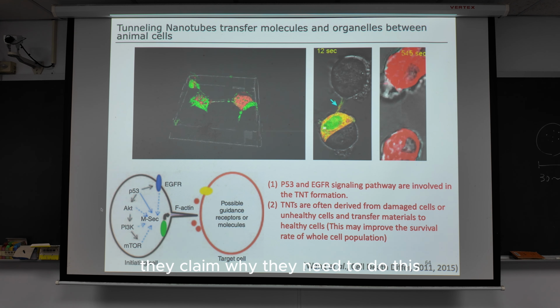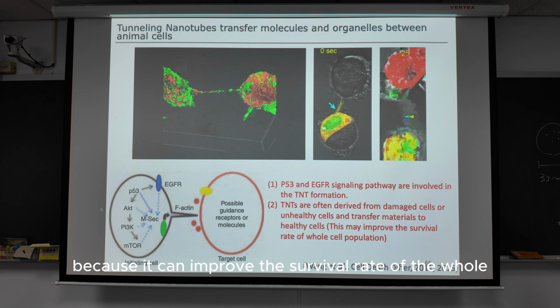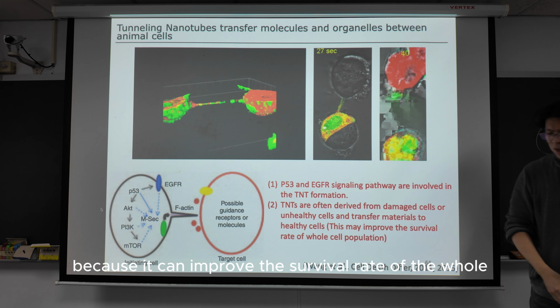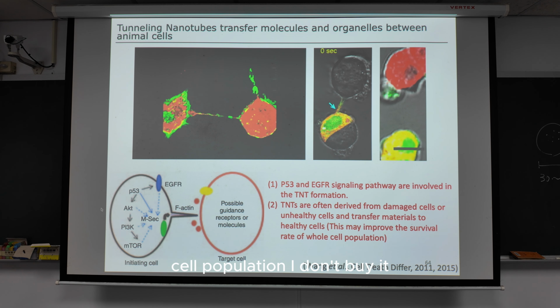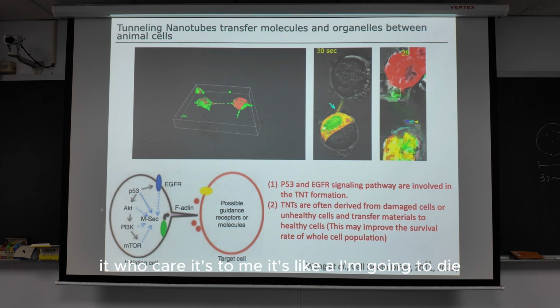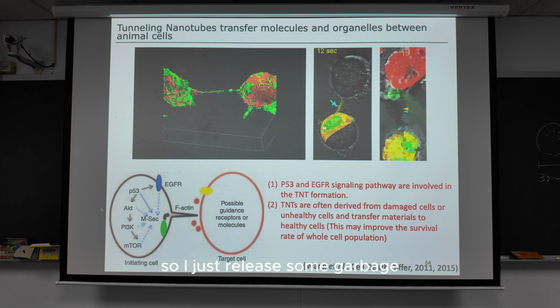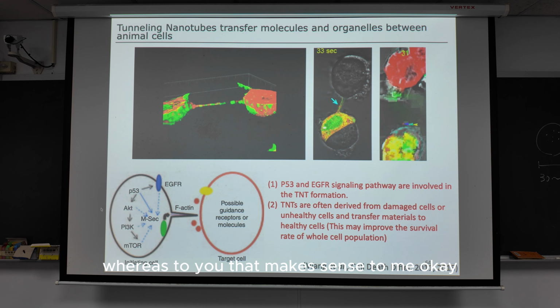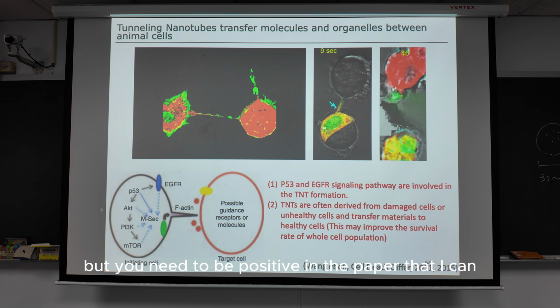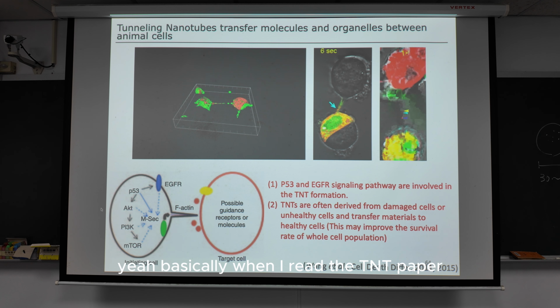And in their paper, they claim this improves the survival rate of the whole cell population. I don't buy it. It doesn't make sense, right? To me, it's like I'm going to die, how can you survive there? So I just release some garbage. But you need to be positive in the paper. That is understandable.